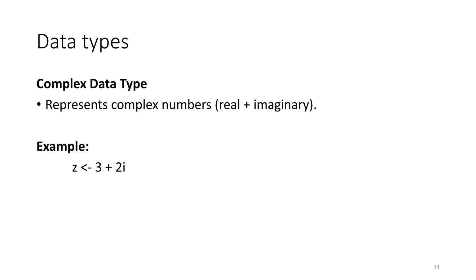The complex data type is used to represent complex numbers, which have a real part and an imaginary part. For example, z = 3 + 2i stores the complex number 3 + 2i in the variable z.